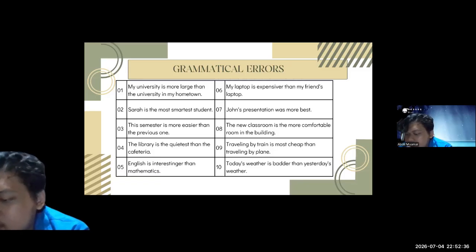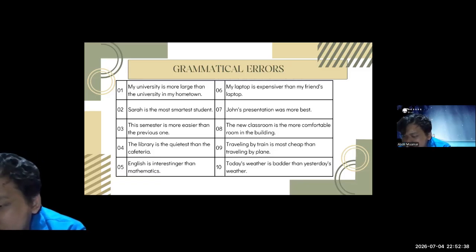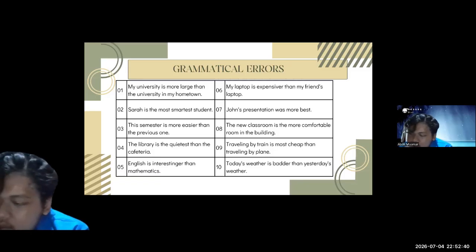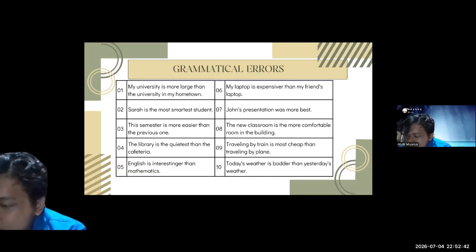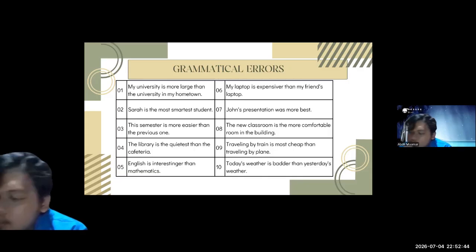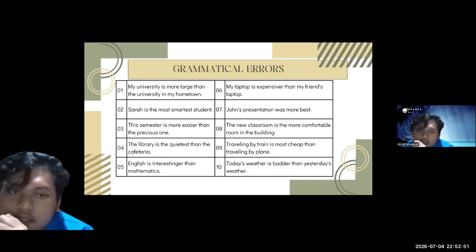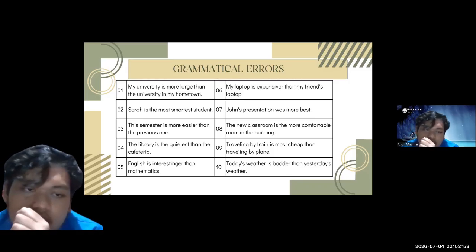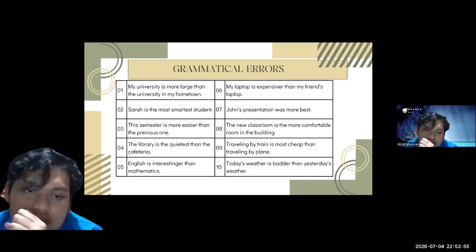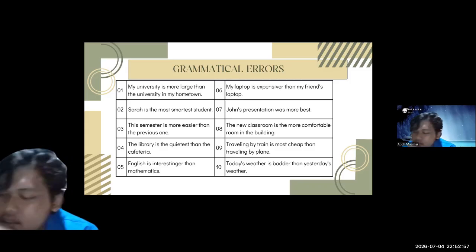The wrong grammatical form is the quietest, which is using superlative instead of comparative. So the quietest is changed to quieter, so quieter than the cafeteria. But English is interesting than mathematics.